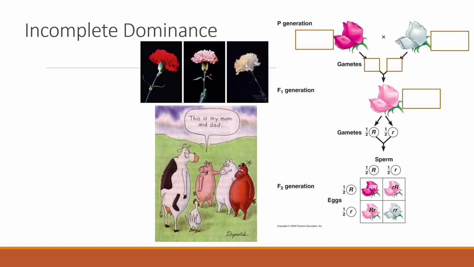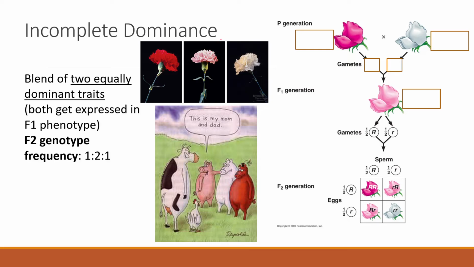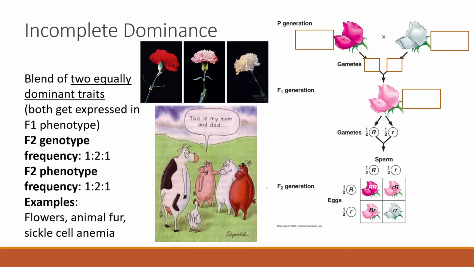Incomplete dominance, we said, was a blending, so we get a new phenotype forming. You can get that in, say, flowers, where this really should be big R, big W, because we're getting a blending of these traits. So we get RW.